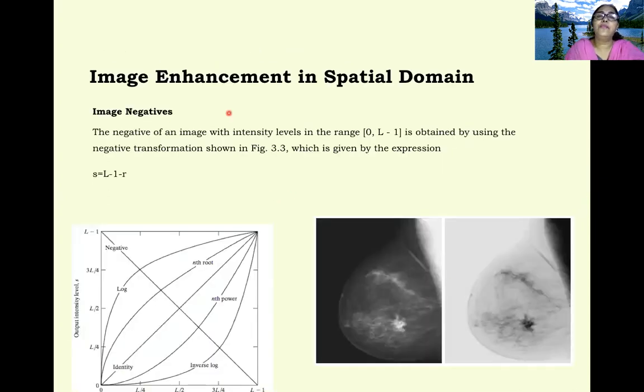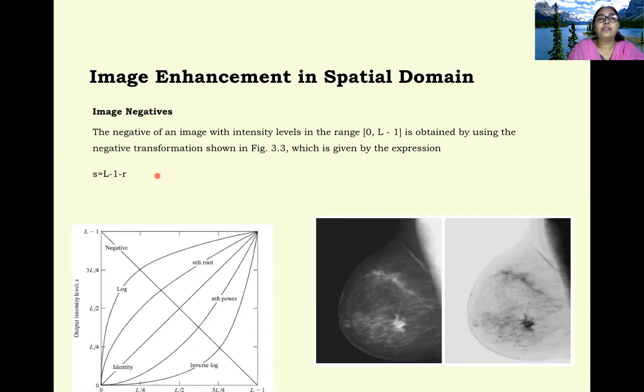There are different image enhancement techniques, both in the spatial domain as well as the frequency domain. First we are talking about the spatial domain, the domain where we are working directly. In the image negative, the original image is in the scale of 0 to L-1, where L is the maximum number of intensity levels.